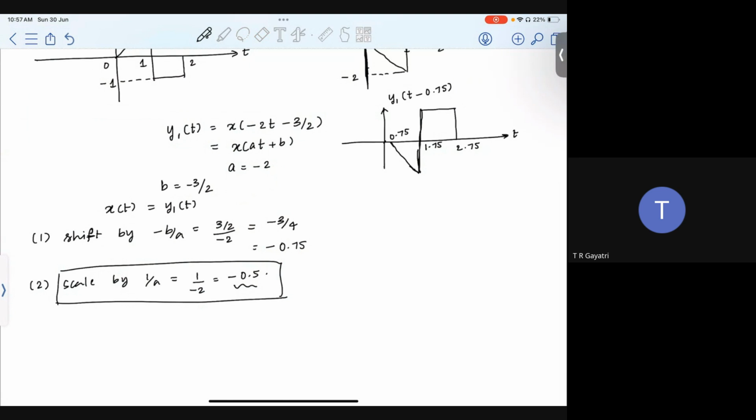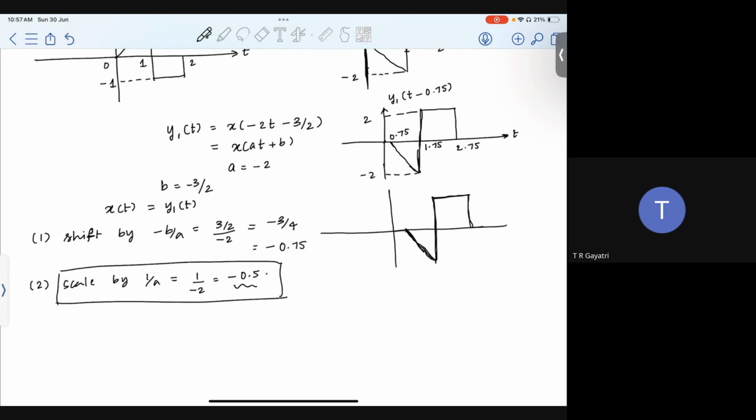Now I have to divide the time axis by minus 0.5. Remember, this is your minus 2 and this is your plus 2. I'm just going by the steps that I have explained to you. Nothing more I'm doing.